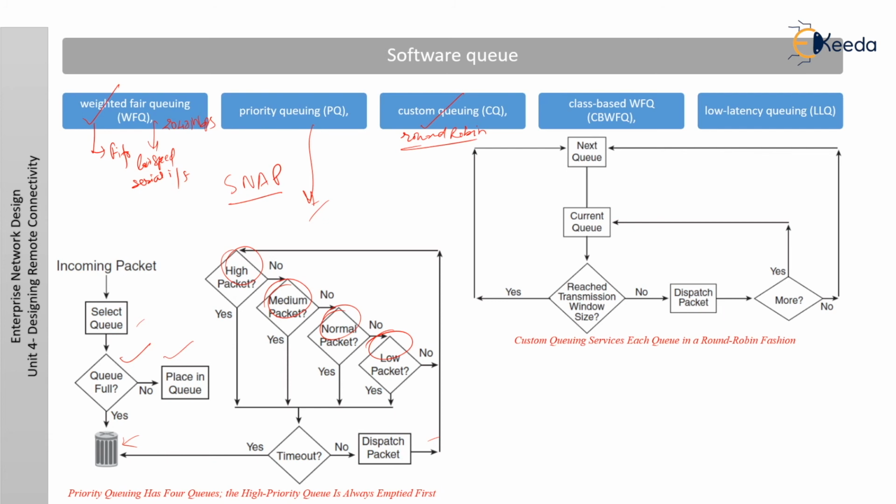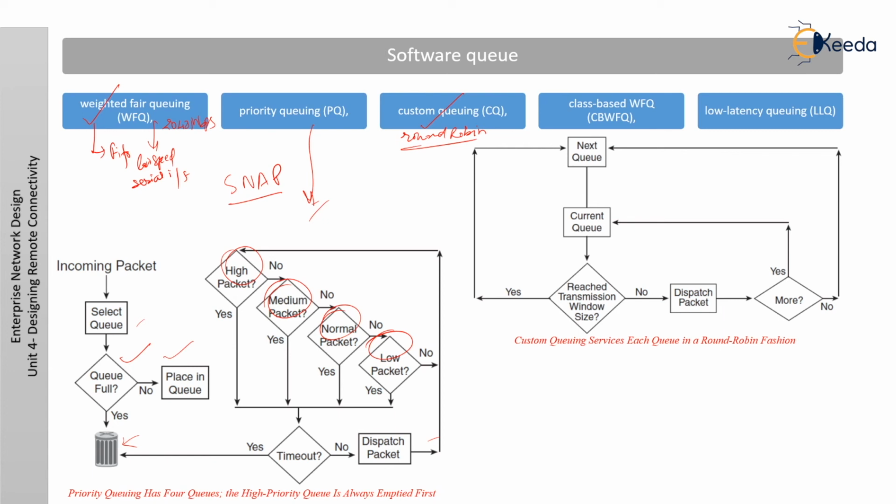CQ works by establishing up to 16 interface output queues that are configurable in terms of type, traffic assignment, and size. Custom queuing specifies the transmission window size of each queue in bytes. When the appropriate number of frames is transmitted from a queue, the transmission window size is reached and the next queue is checked.